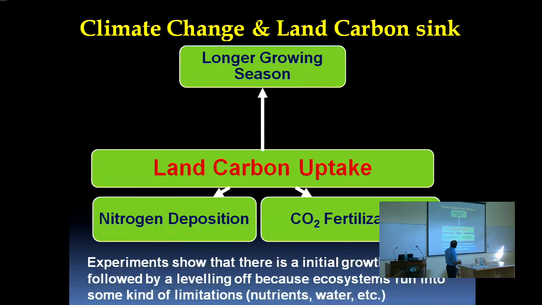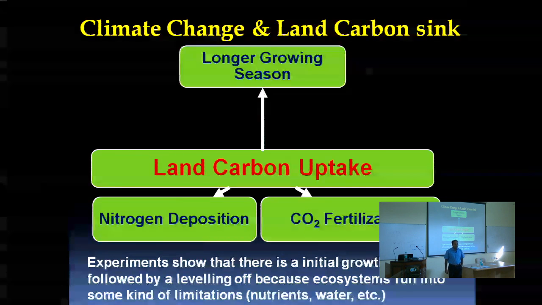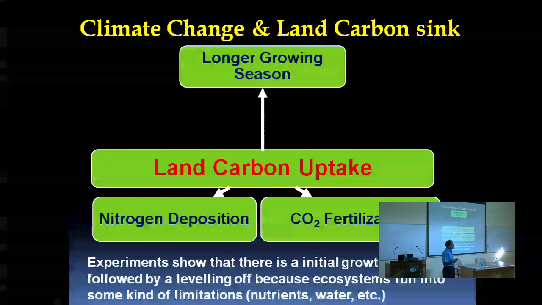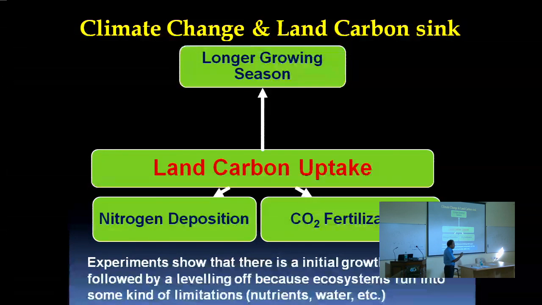And then there is another important thing that is called CO2 fertilization. I'm sure many of you must have heard that if the CO2 level in the atmosphere increases, photosynthesis can proceed faster. So the photosynthetic uptake of carbon can proceed faster. So the amount of carbon sequestered today is actually probably higher than the amount of carbon sequestered in the previous time.